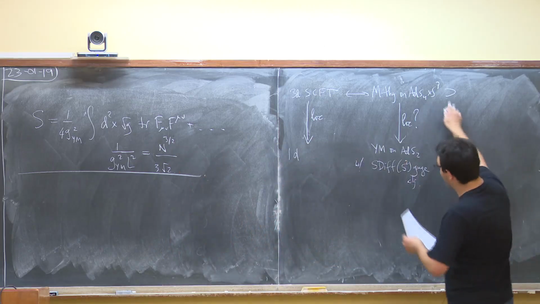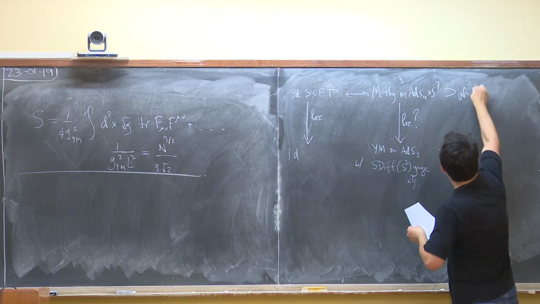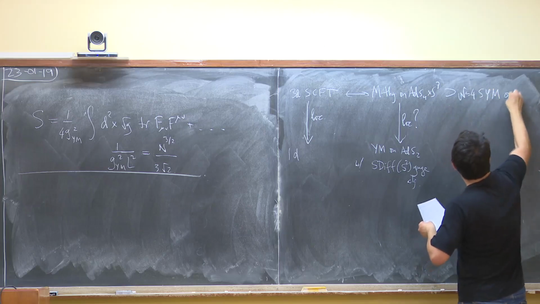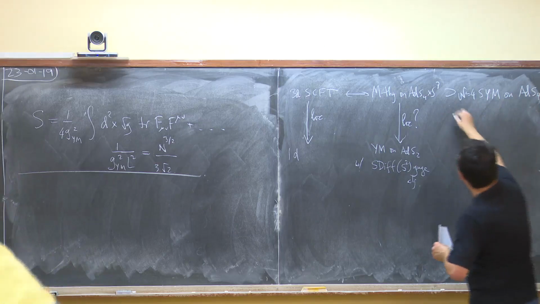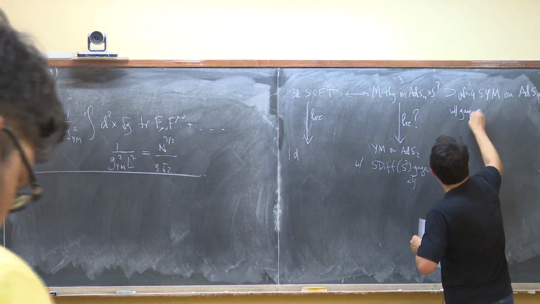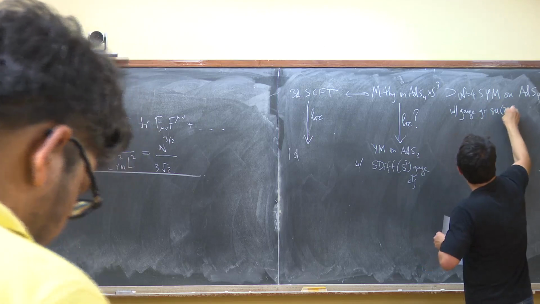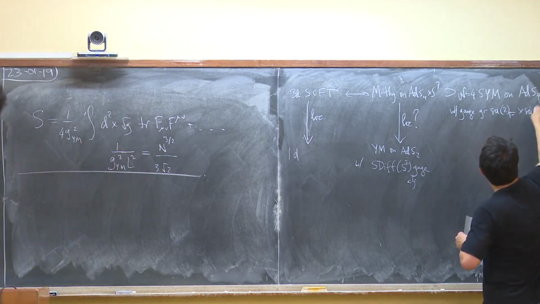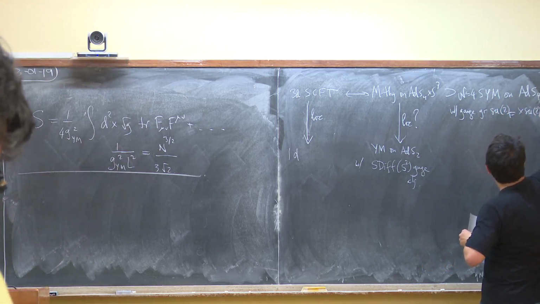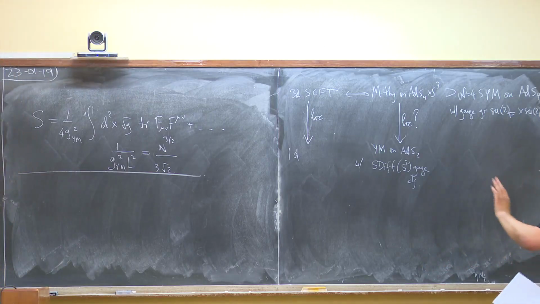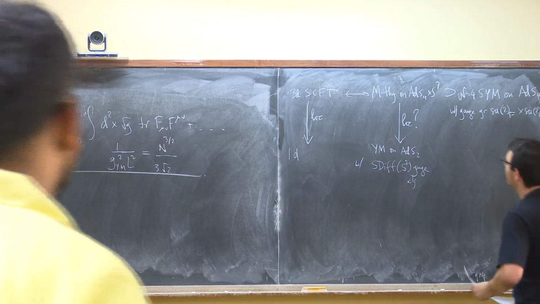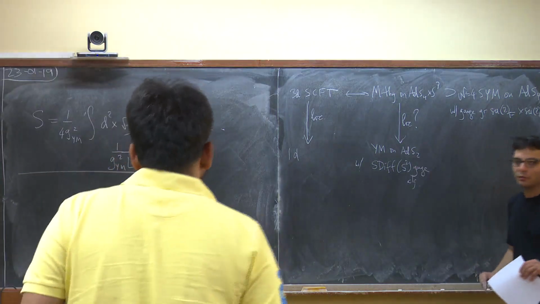So a subsector of this theory is n=4 super Yang-Mills on AdS4 with gauge group SU2F times SU2F prime. And we can study this theory maybe as a toy model for studying this localization computation.